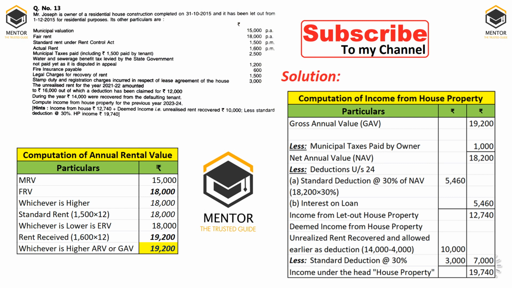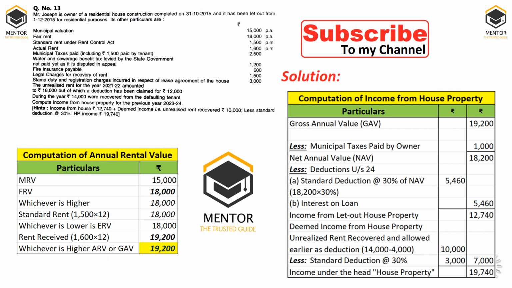Then computation of income from house property: GAV 19,200. From this we deduct the municipal taxes paid by the owner. Municipal taxes paid by the owner is 1,000 rupees, since out of 2,500, 1,500 was paid by the tenant. So paid by the owner is only 1,000 that we deduct. Once we deduct 1,000, the net annual value of the house property is 18,200.